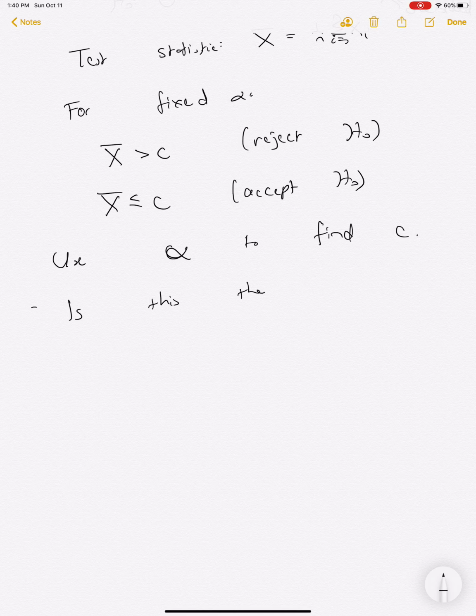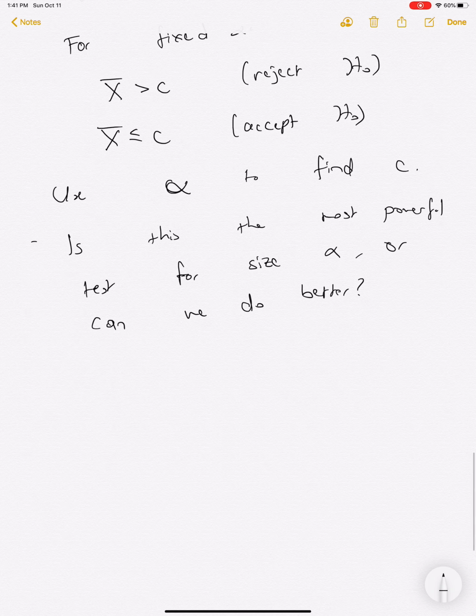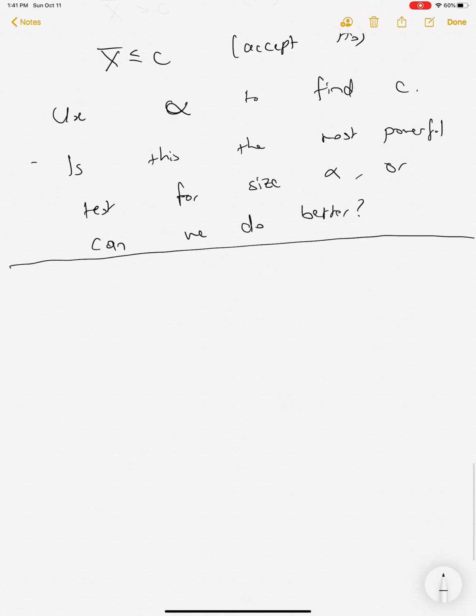Is this the most powerful test for a given alpha, or can we do better? We're going to get an answer to this question by the end of today's lecture, and we're going to build up to that by introducing this notion of likelihood ratio.